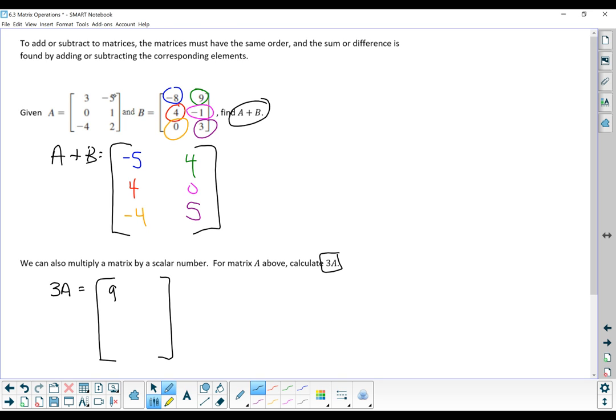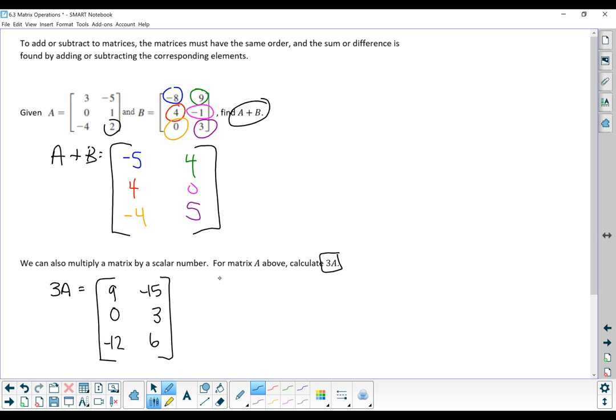The next element is 3 times -5, which is -15. 0 times 3 is 0. 1 times 3 is 3. -4 times 3 is -12. And 2 times 3 is 6. So this is 3A.